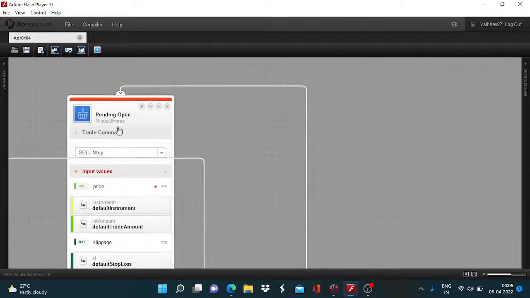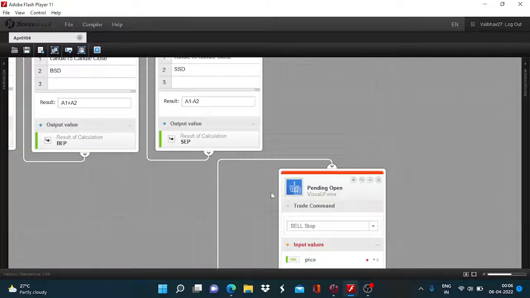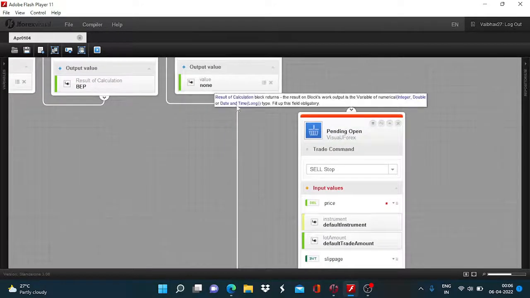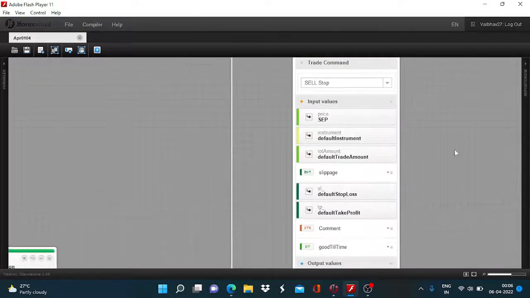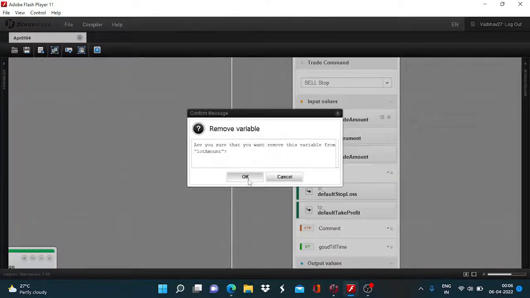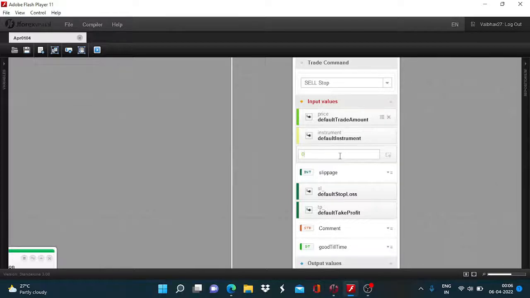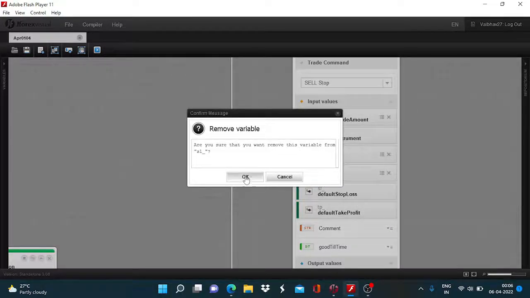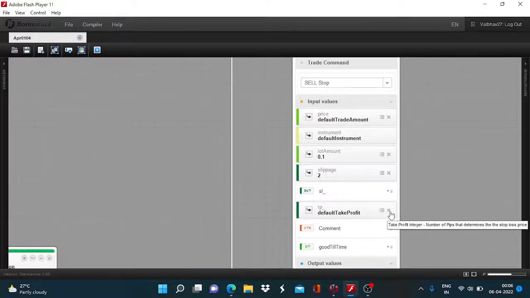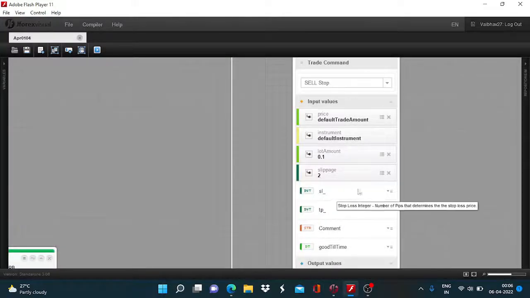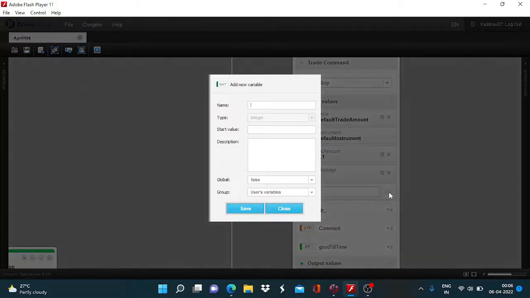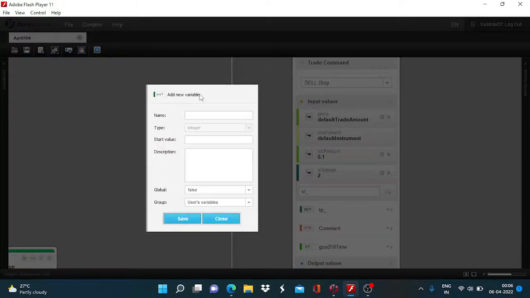Now we add that price to this trade command block. Default instrument remains as it is. Trade amount I will change to 0.1 million. Slippage will be 2 pips. Stop loss and take profit, I will define the variable, and later on we will complete the calculation to assign it there.